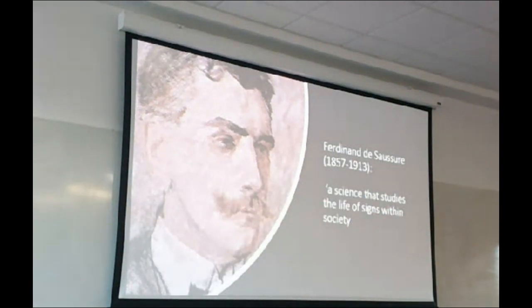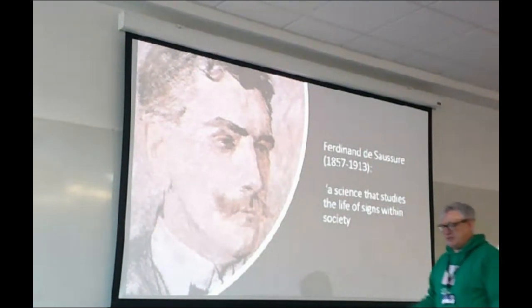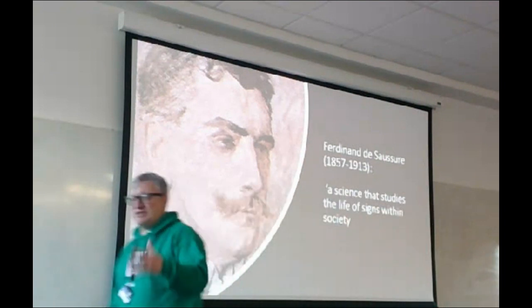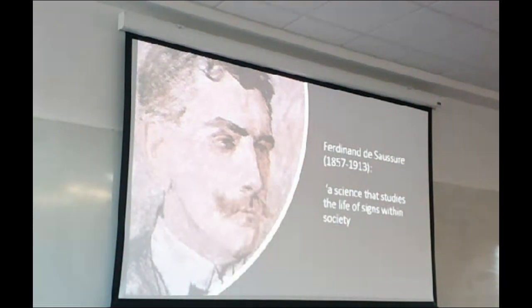Weirdly, before Ferdinand de Saussure's ideas, we didn't really have any concepts to explain why we all kind of understood what each other was saying. So he answers the question, why do we all actually agree on what we're talking about?